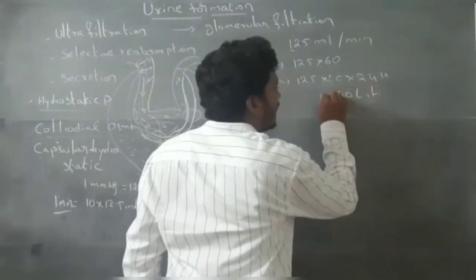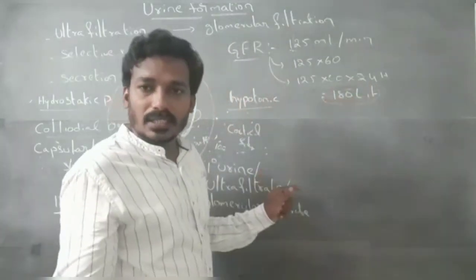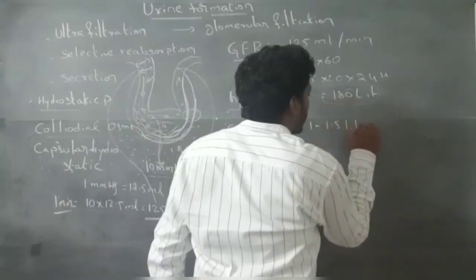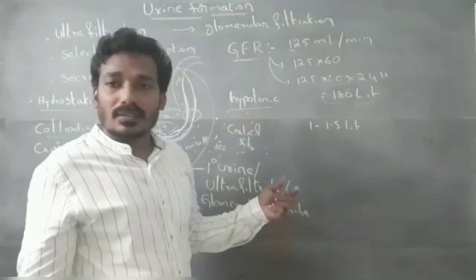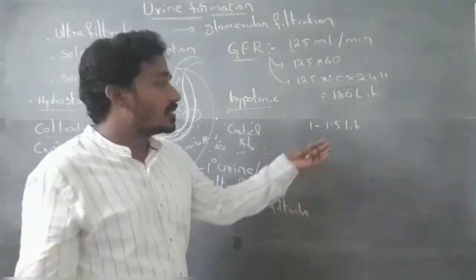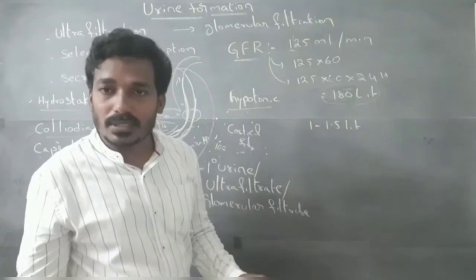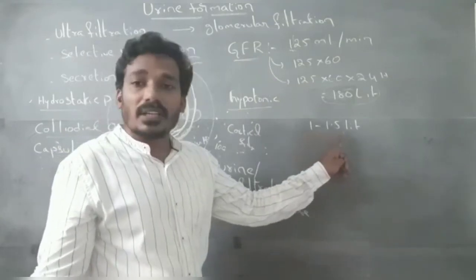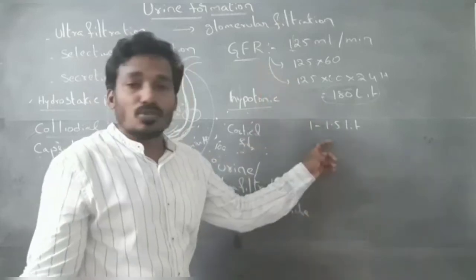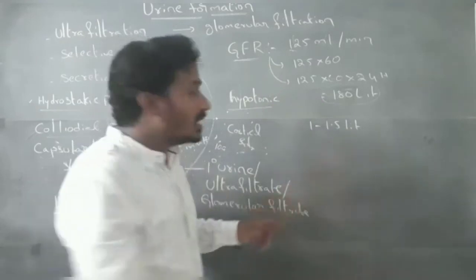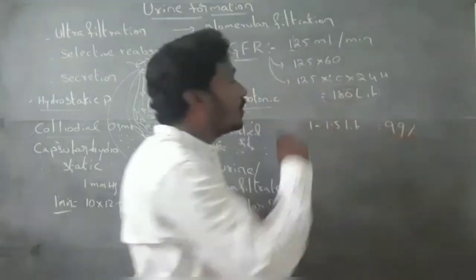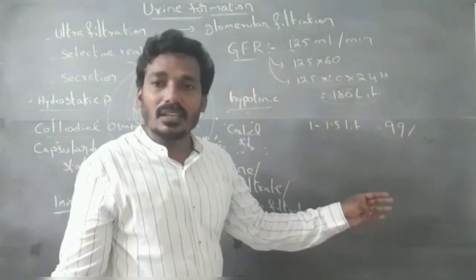Out of these 180 liters, only 1 to 1.5 liters of filtrate passes out as urine in healthy humans. It means 99% of the glomerular filtrate is reabsorbed.